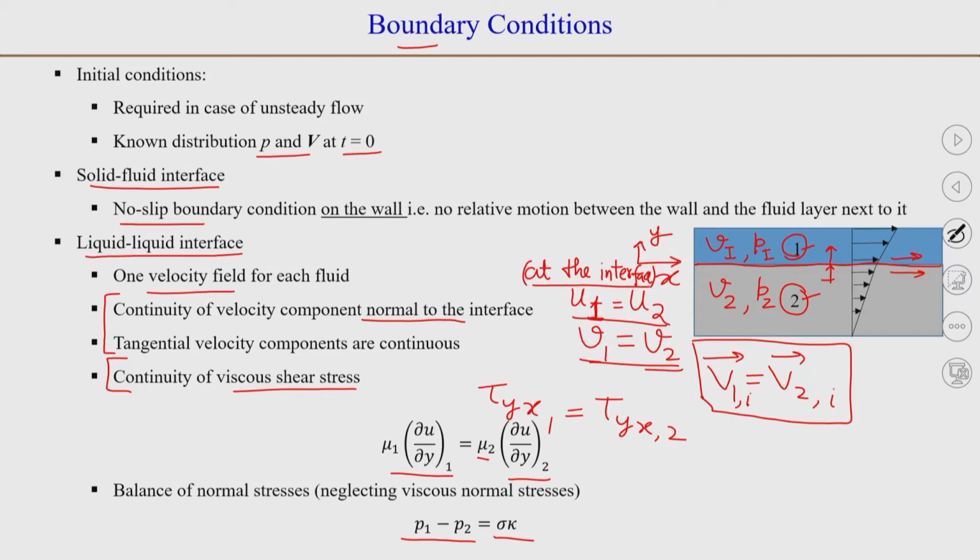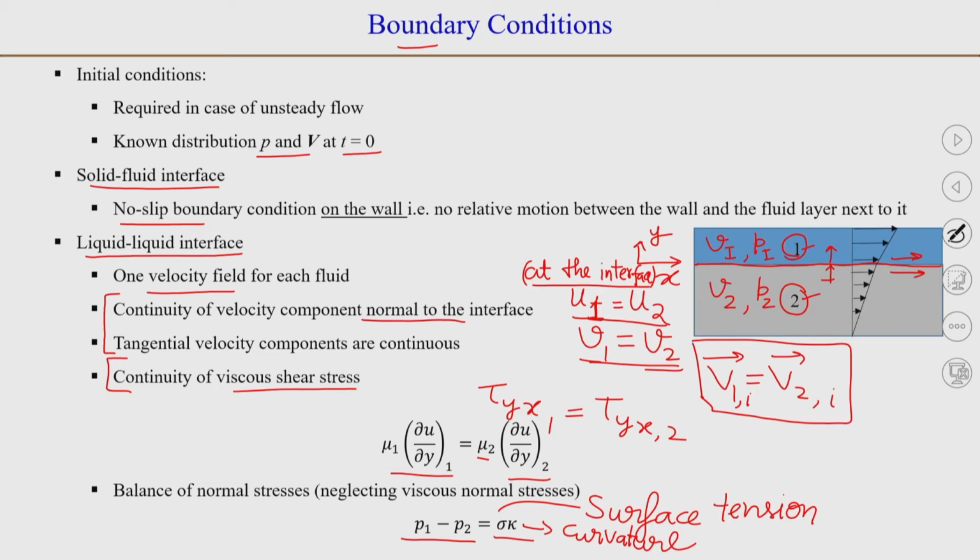So, here P 1 minus P 2 is equal to sigma kappa, which is the normal stress because of surface tension. Sigma here is surface tension, not the normal stress. Okay. So, please remember that sigma is surface tension and kappa is curvature of the interface.